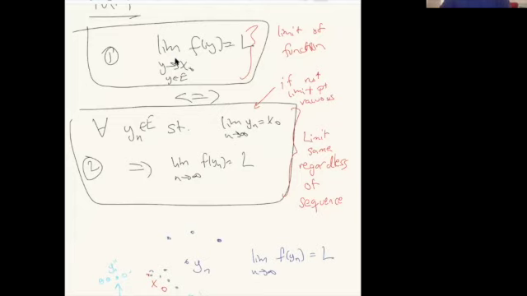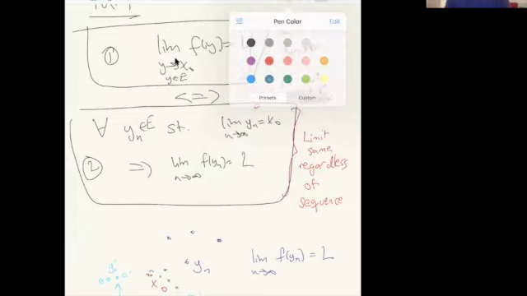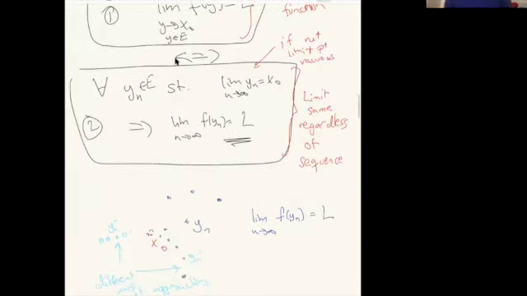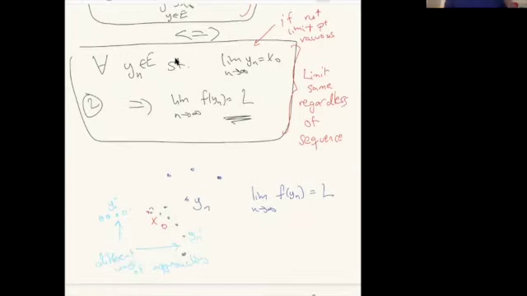The idea with this definition is that regardless of the way that we approach, we get the same value L. If this is true, so for any sequence approaching x naught we get the same value, then we say that this is the same thing as saying that the limit is equal to L. This is very analogous, and you should think about how sequential continuity is equivalent to the epsilon delta continuity. In fact, you can use this fact to prove that claim.